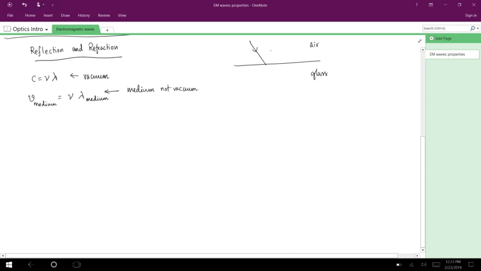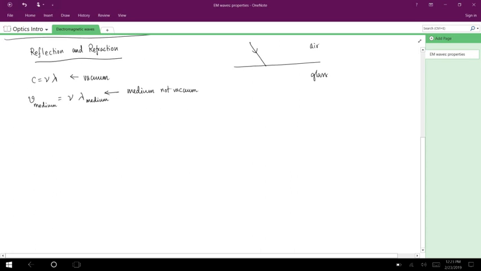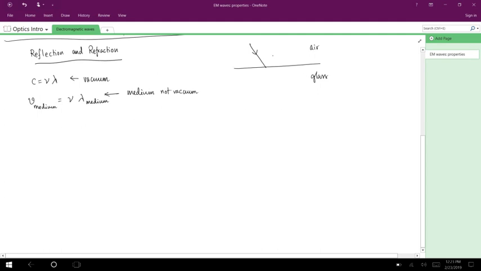What could happen? Well, in our ordinary life, what we see is two kinds of phenomena. One kind of phenomenon is called reflection. So a part of this ray of light bounces back from this point, and another part of this ray of light goes through and gets transmitted. So this first part is called reflection.